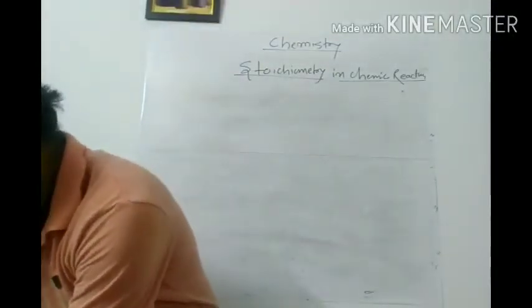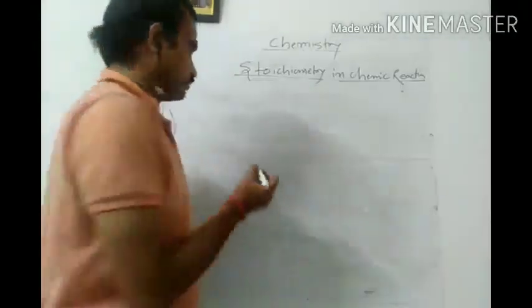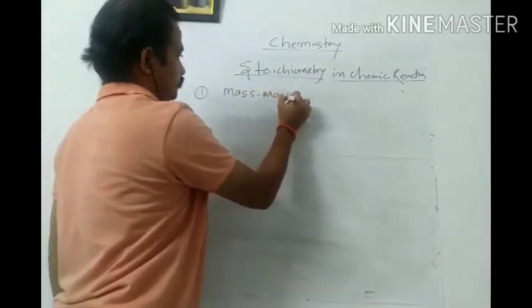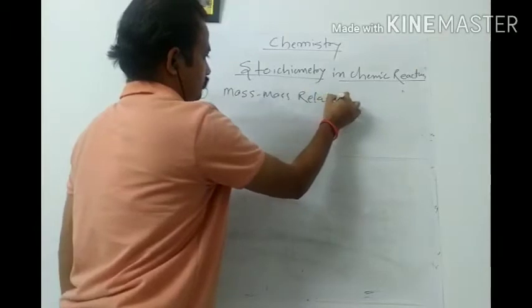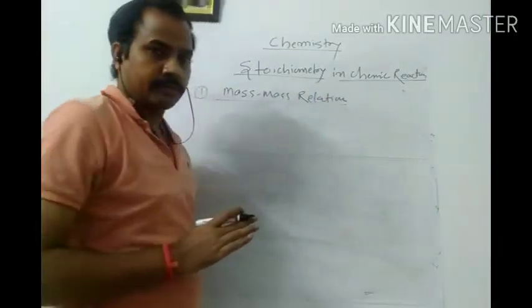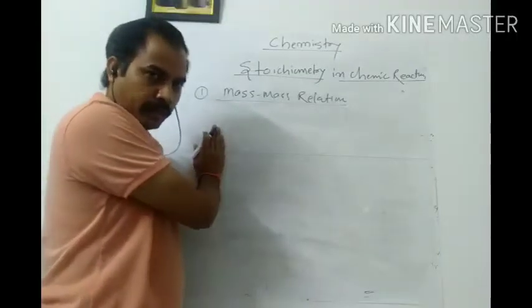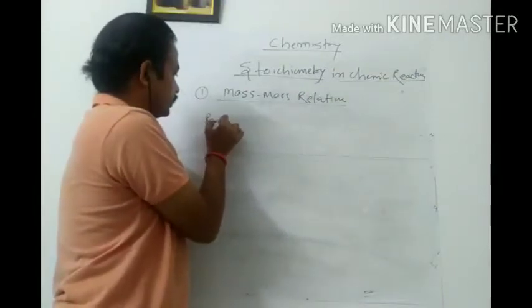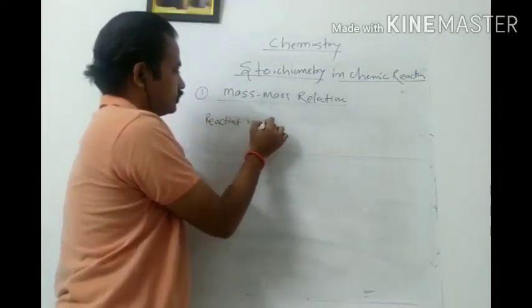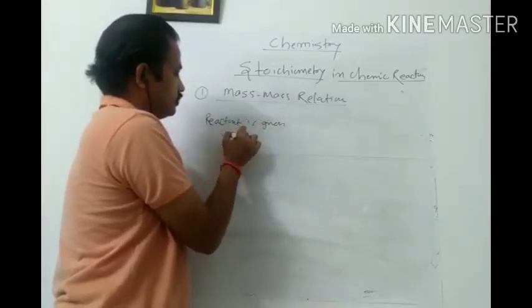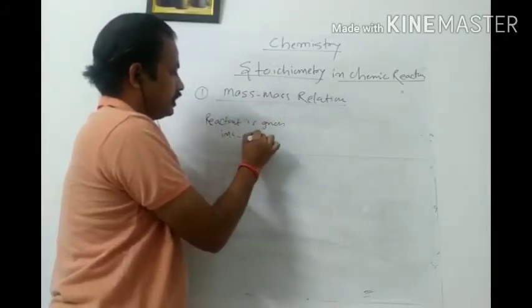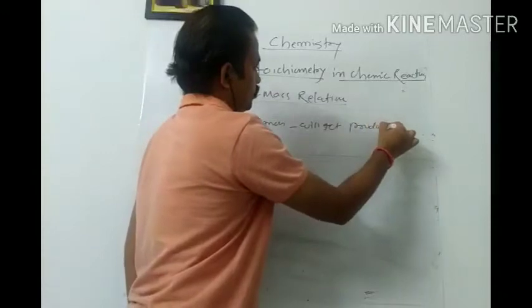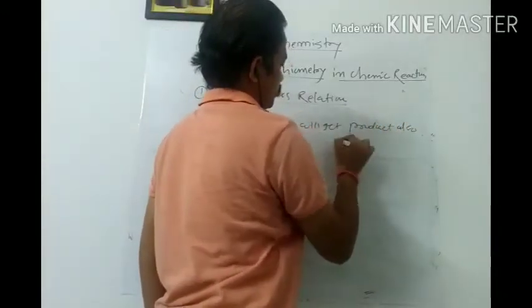In case of mass relation, the most important thing is that the reactant is given in mass, and we will get the product also in mass.